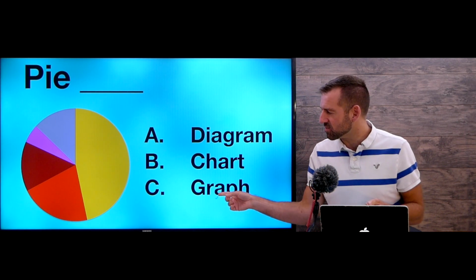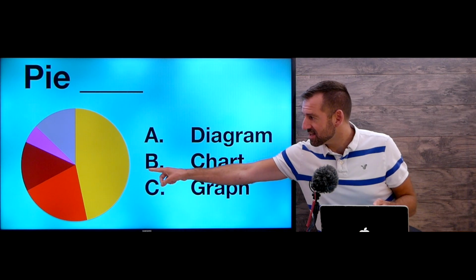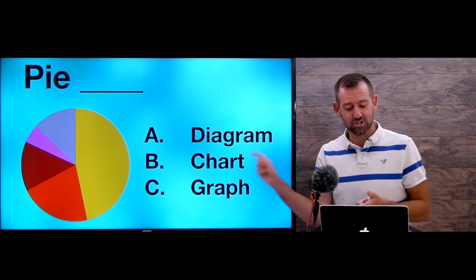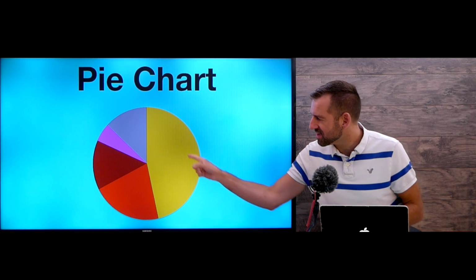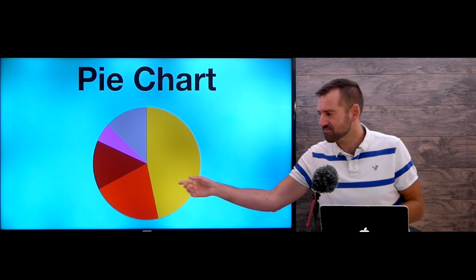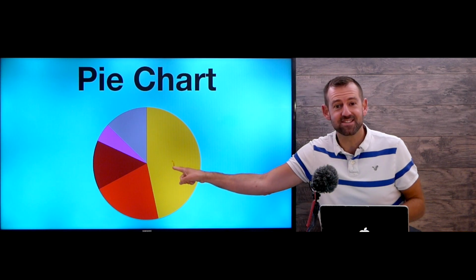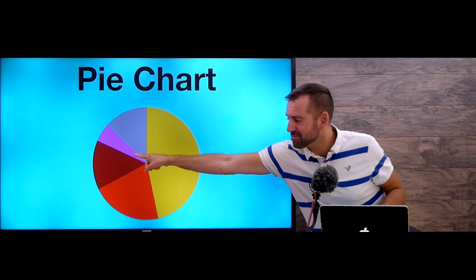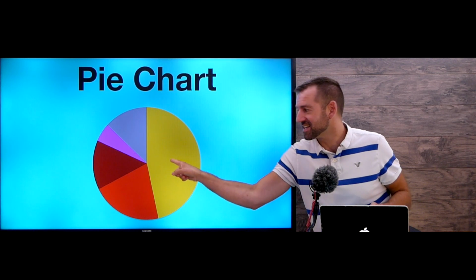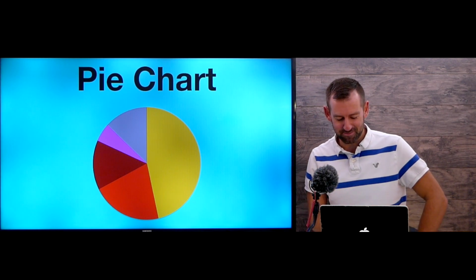Usually that's what it is. Okay, but anyway, this is called a pie chart. Wouldn't that be nice if this was like an apple pie? You could take a piece. I'll take this piece, and you can have that piece right there, the purple piece. I get the yellow piece of the apple pie.